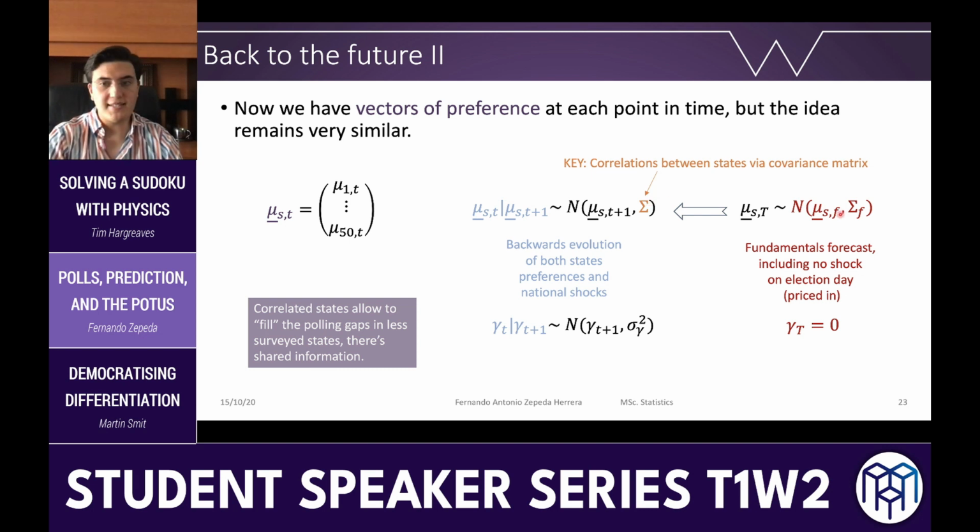But the idea remains the same. The fundamental forecast is our prior, and we go back in time using the correlations. And the correlation in states also helps to fill the polling gaps. When you have one state that hasn't been polled in a while, you can borrow information from neighboring or similarly correlated states. And that's shared information that one could have.